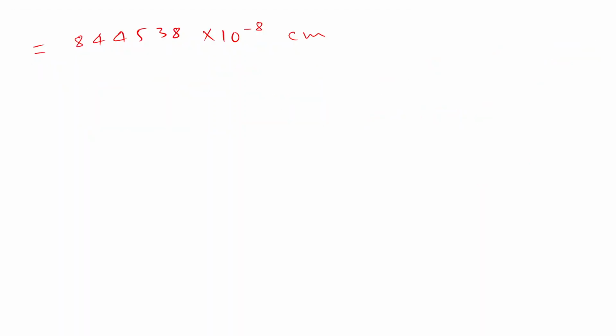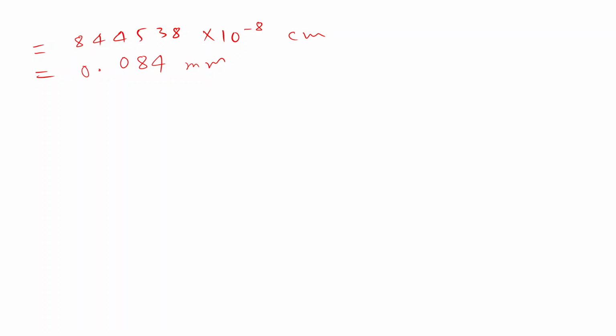So if I want to change it to millimeter, it will be 10 to the power minus 10. It will come out to be 0.084 if you round off in millimeter.